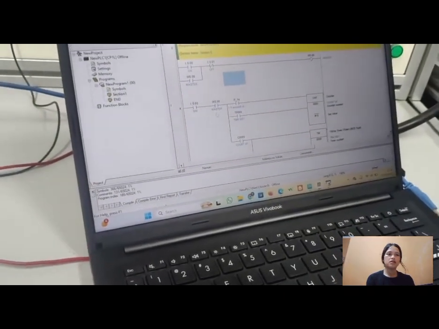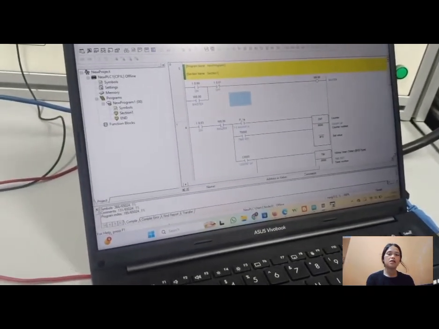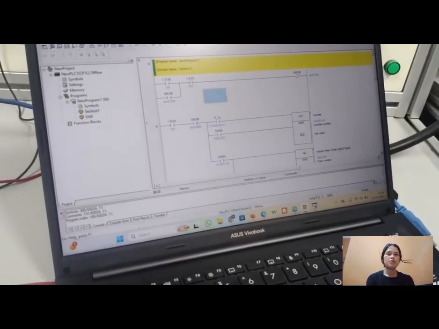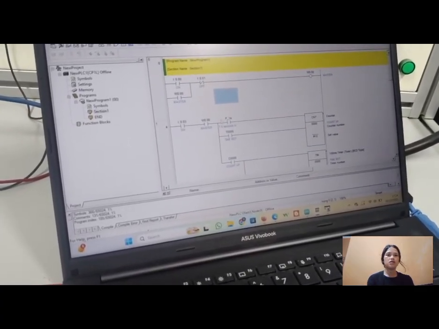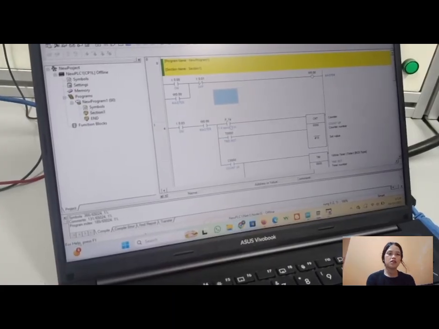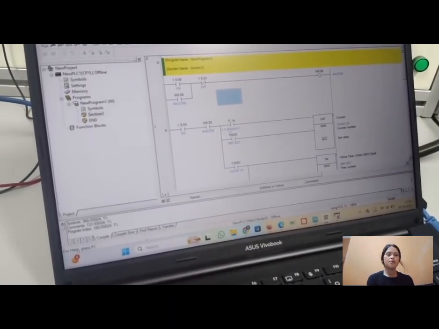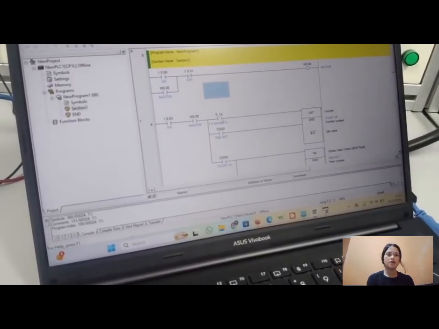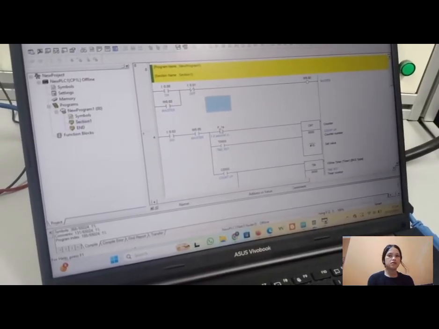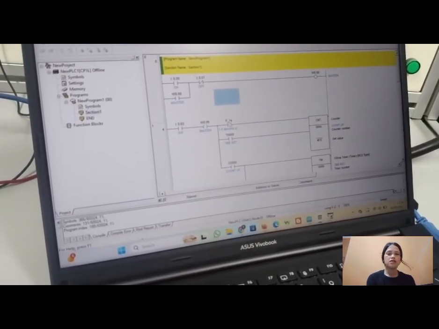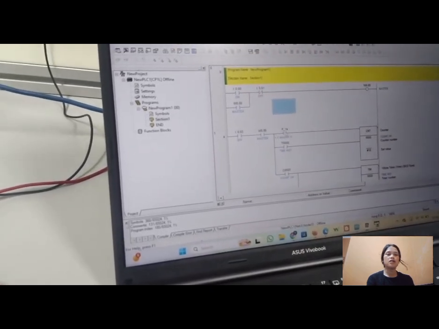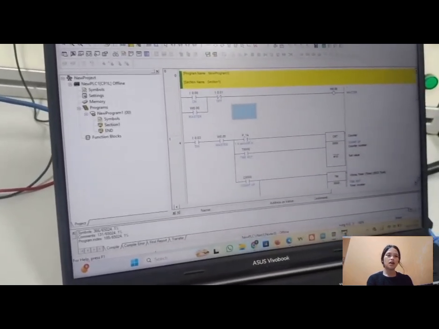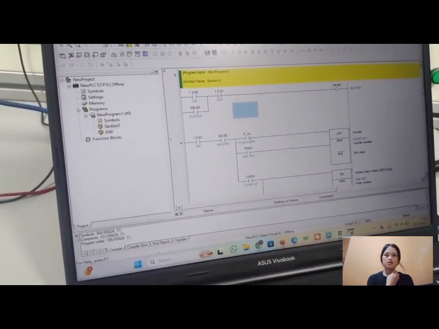In the CNTR, reversible counter, two separate inputs are used, one for counting up and one for counting down. When the up input is triggered, the counter value increases, and when the down input is triggered, the counter value decreases.